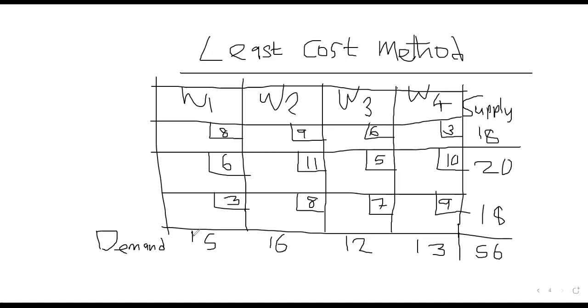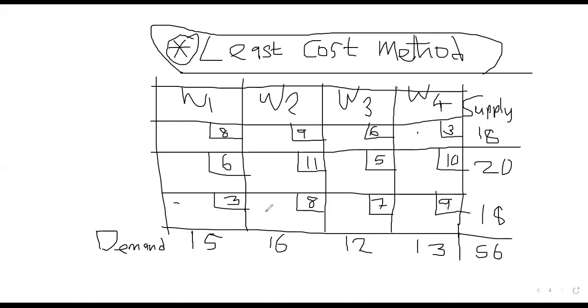The demand is 15, but the supply is 18. Even if the supply is 18, you can only meet the demand of 15. That's why it means least cost: the smallest number is what we need to start with.